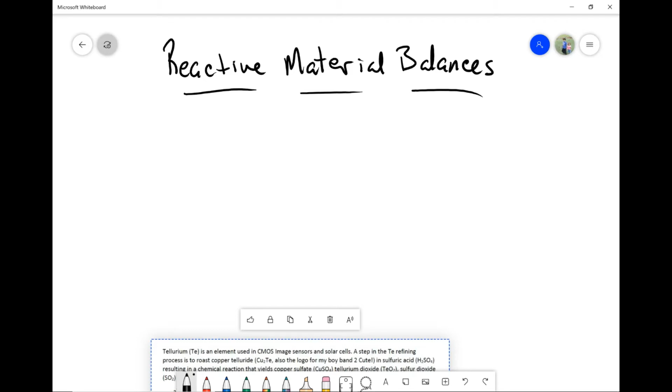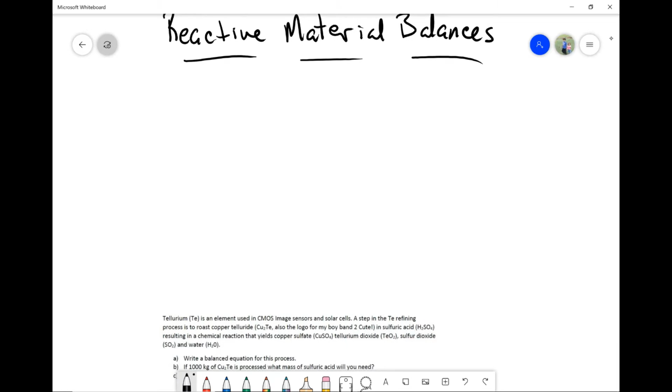A key characteristic of these problems is a balanced equation. In the first section of this class, we had non-reactive material balances.